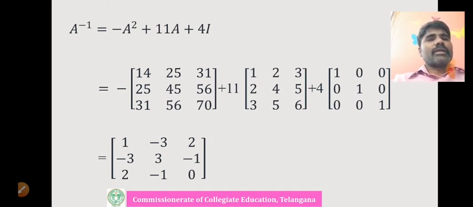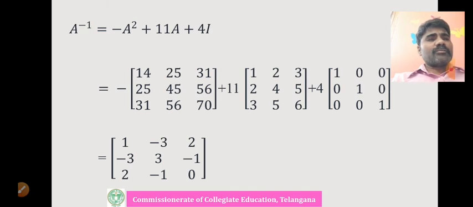Substituting here, we will get A inverse as [1, -3, 2; -3, 3, -1; 2, -1, 0]. Here also we can observe that A inverse is symmetric. If A is symmetric, then A inverse is also symmetric. Like that we can find the inverse of a given matrix using the Cayley-Hamilton theorem.